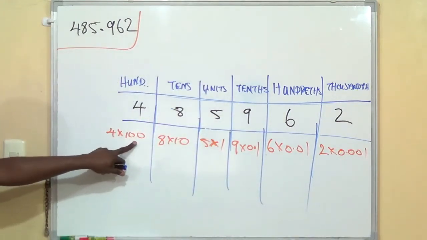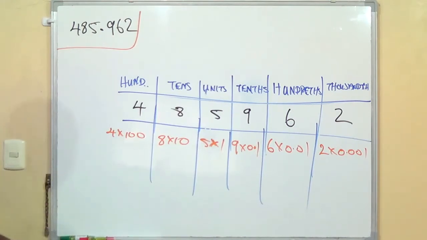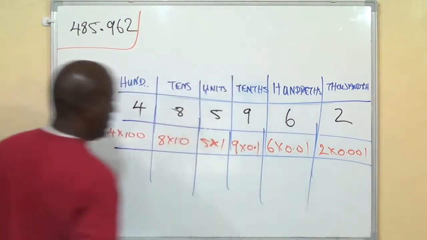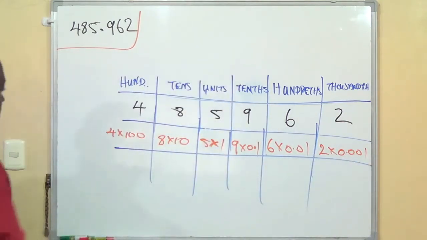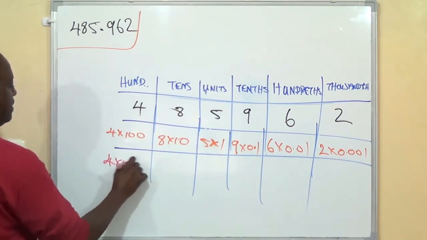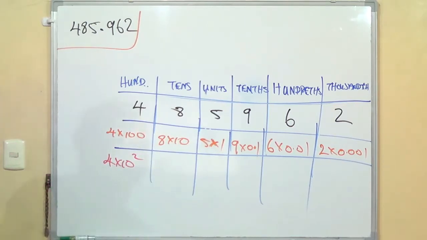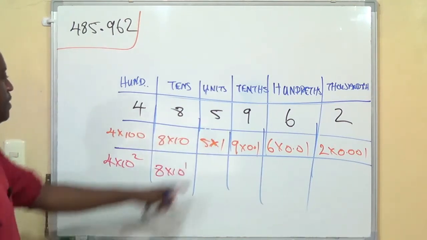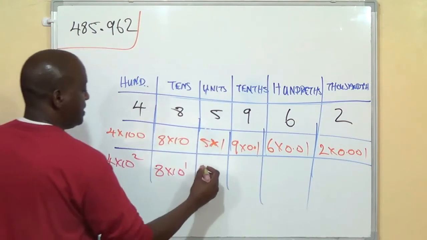Now, remember we counted in base 10, right? So how are we going to demonstrate that? We know that, don't mind the whole table looking a little twisted, we know that 100 is 10 to the power of 2. So this is the same thing as 4 by 10 to the power of 2. This is the same thing as 8 by 10 to the power of 1. 1 we know is 10 to the power of 0.